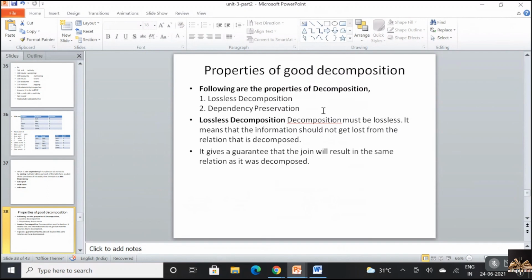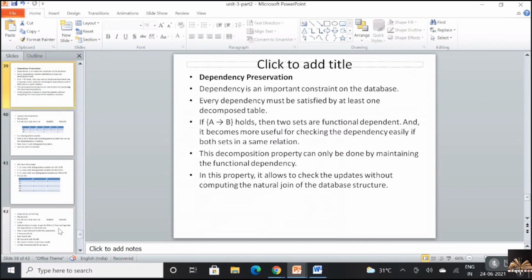If I have some information existing in the original relation prior to decomposition, that information should not be lost once I decompose the original relation into R1, R2, R3, and so on. That is the concept of lossless decomposition.